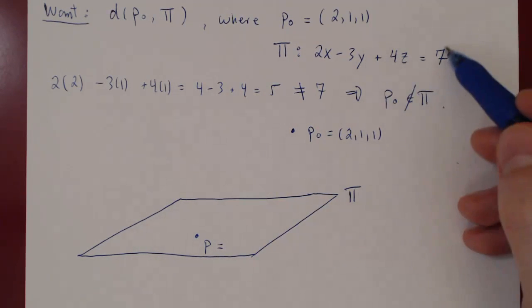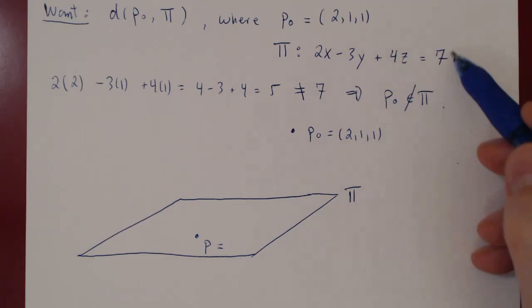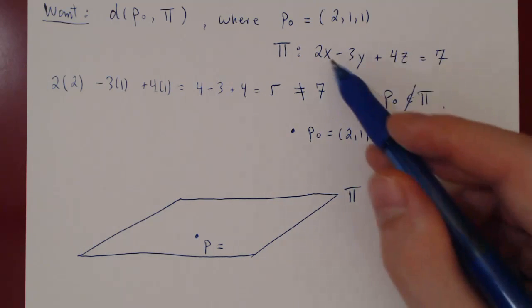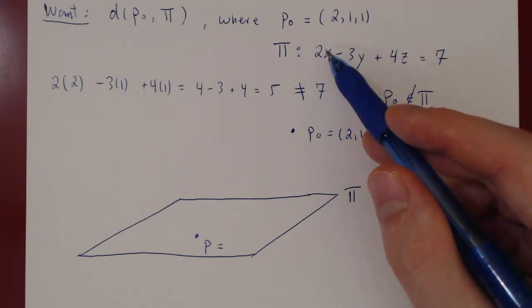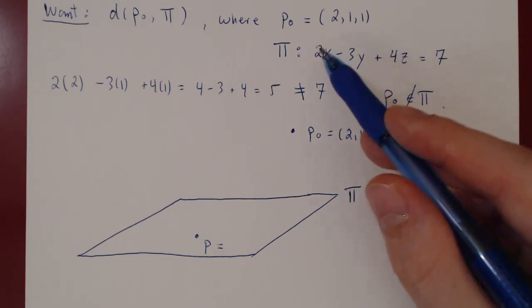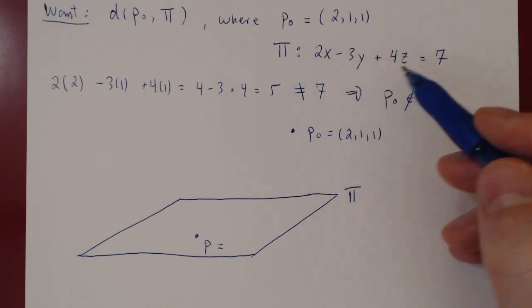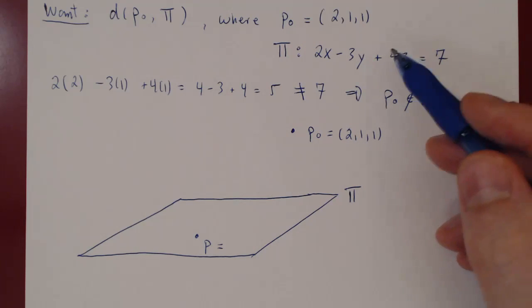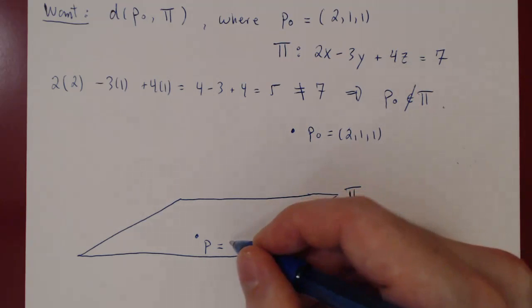Well, how can we get a 7 with these three values? Think of it as doing 2 times 2, 4, minus 3 times negative 1 will be plus 3. That'll give you 4 plus 3 is 7. And let's take z to be 0, and we'll get a point on this plane.